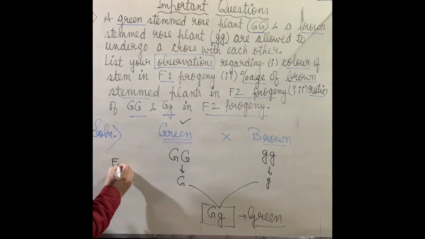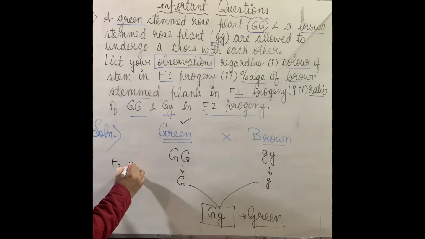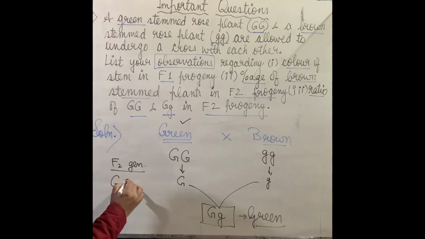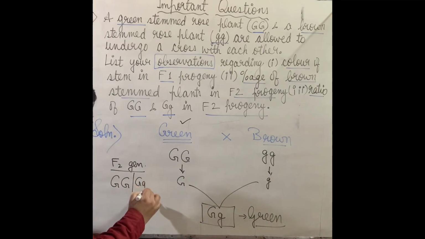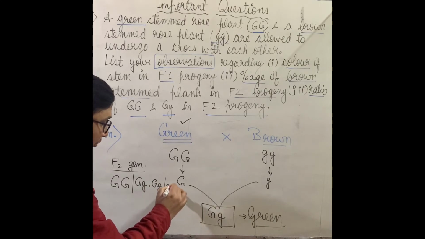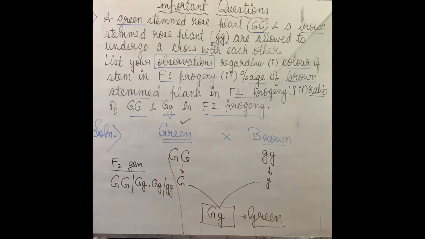Let me write it down here. As far as F2 generation is concerned, what are the possibilities? Capital G capital G, then we get capital G small g, 50%, and then we get both small g. So you know the ratio also, that the phenotypic ratio is 3:1, genotypic ratio is 1:2:1.